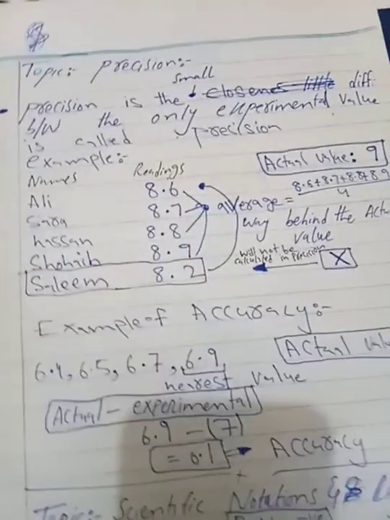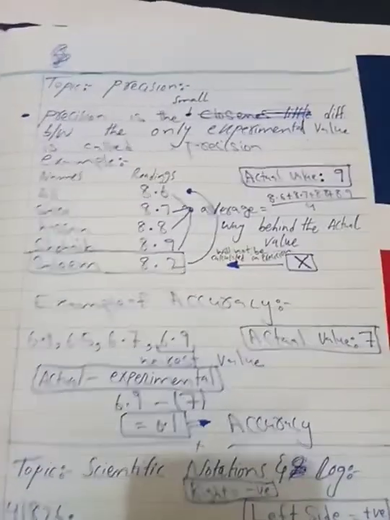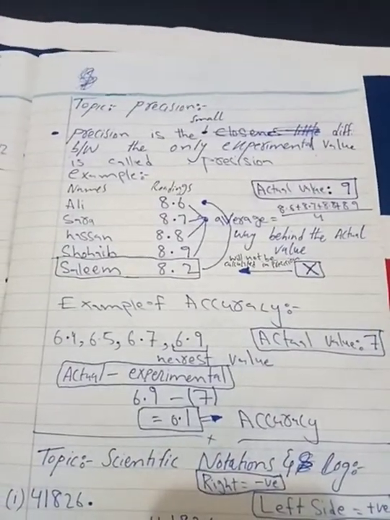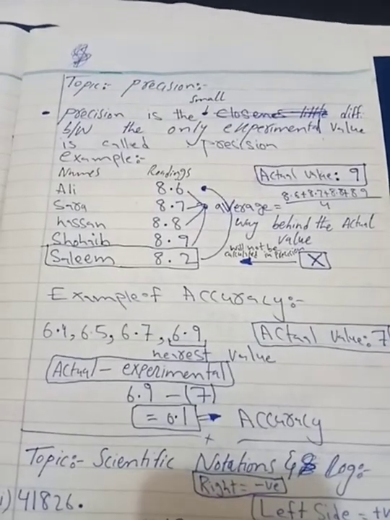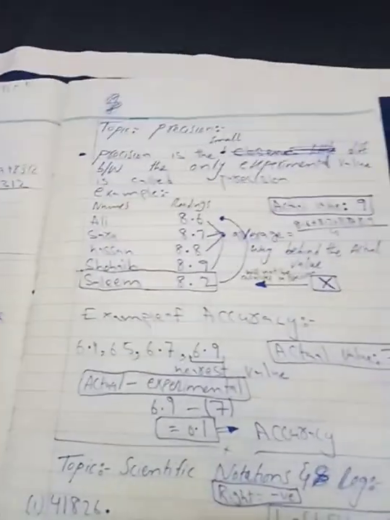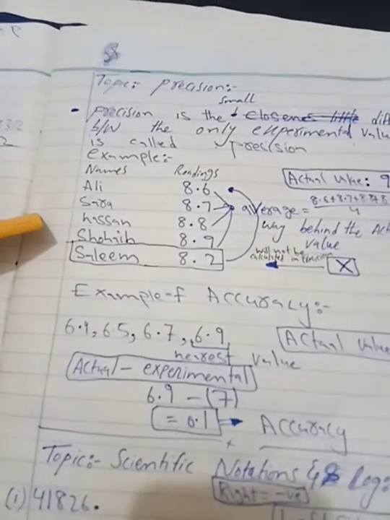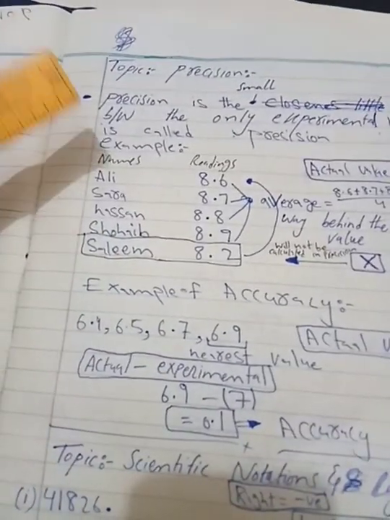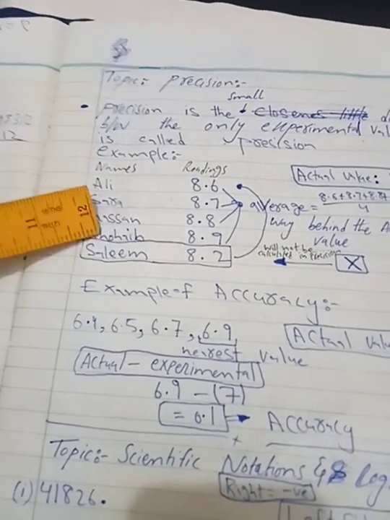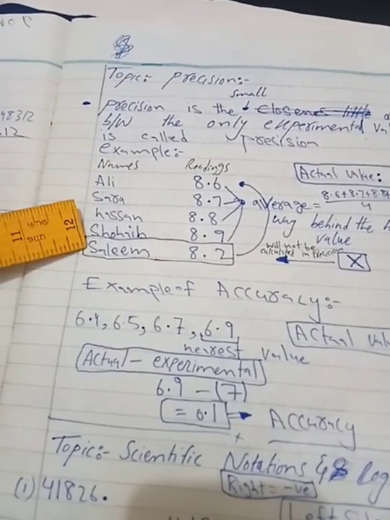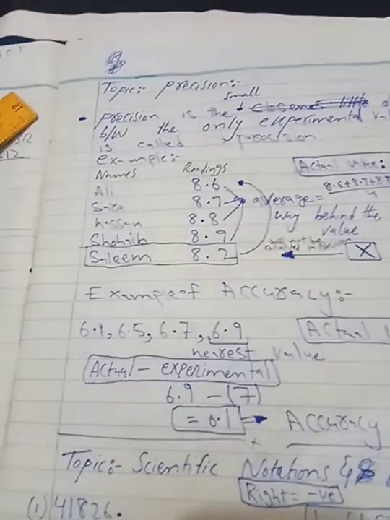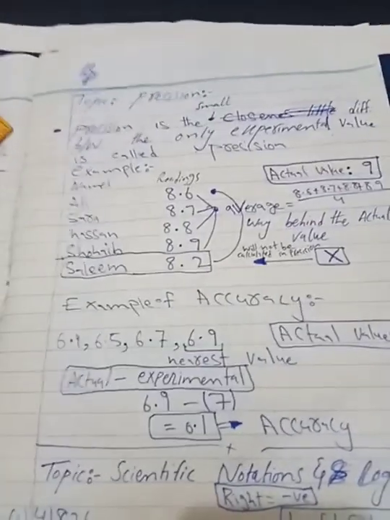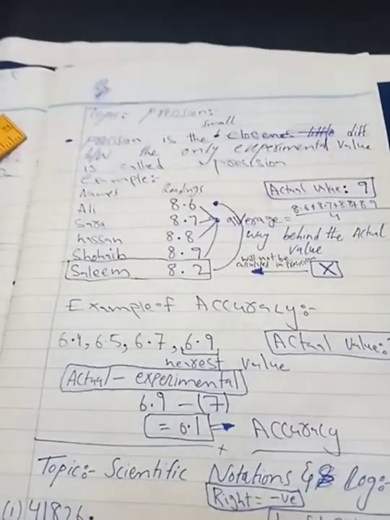Precision is defined as the smallest difference between only the experimental values. For example, here we have five names: Ali, Sarah, Hassan, Shoaib and Salim. These are the students who went to the chemistry lab to get readings in titration.